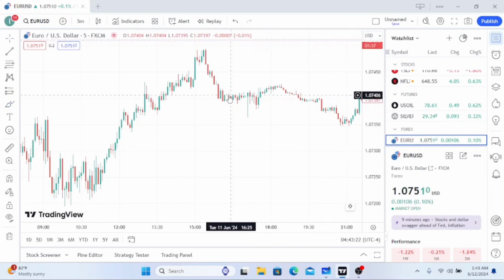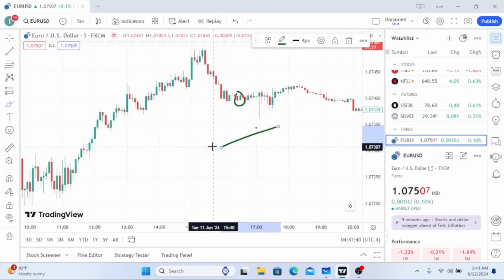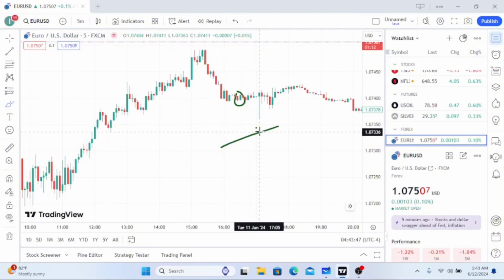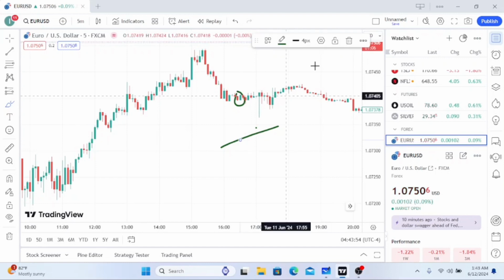Right here. You can see that right here. You can see that this candle totally engulfed the bear candle right there, the red candle right there. It totally engulfed it.